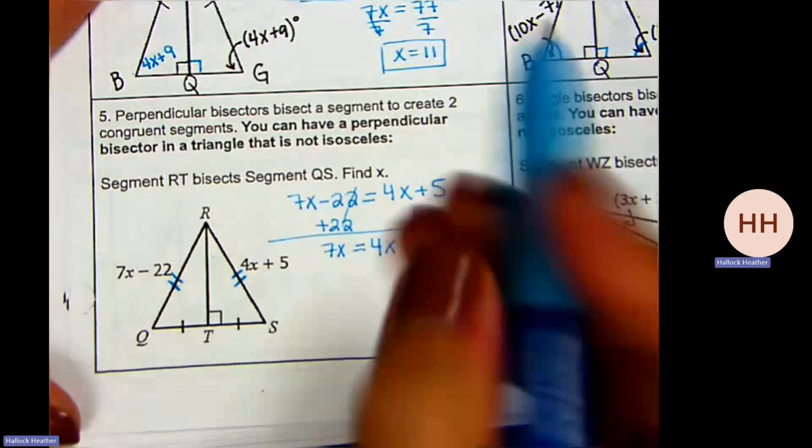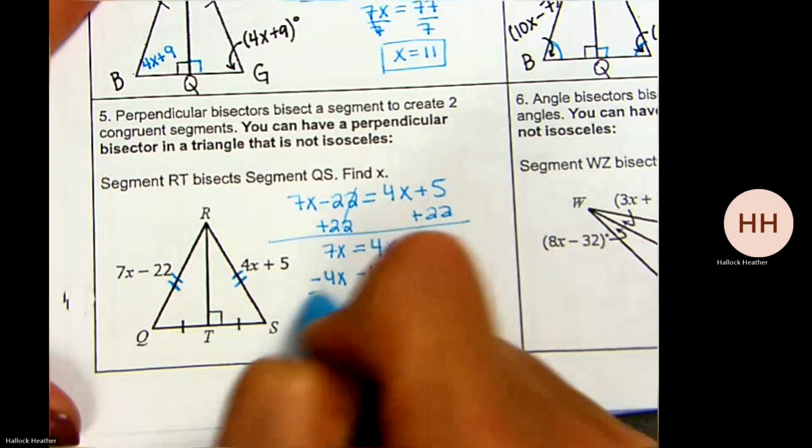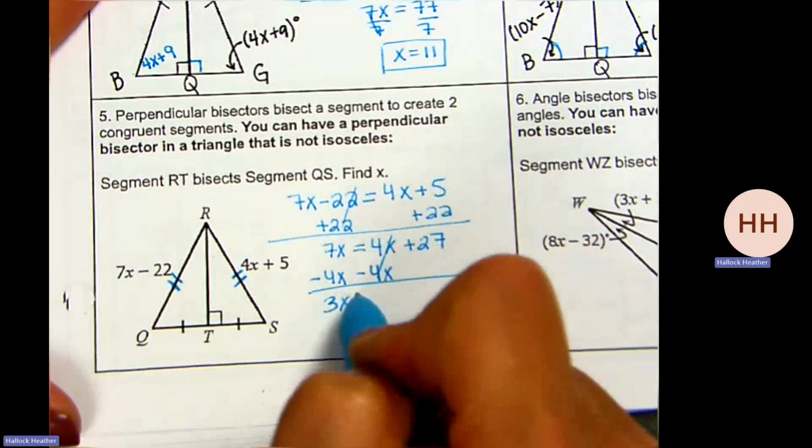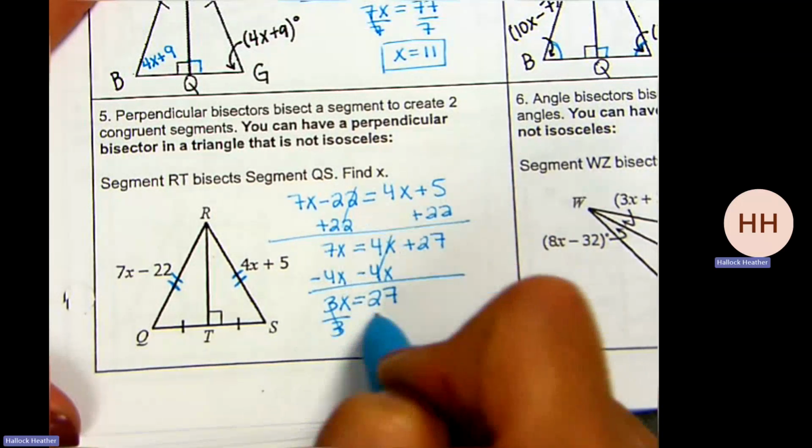And then I'm going to subtract 4x from both sides. And then divide and you get 9.